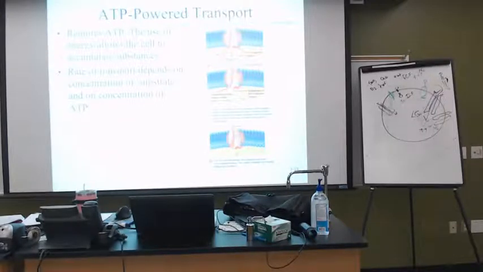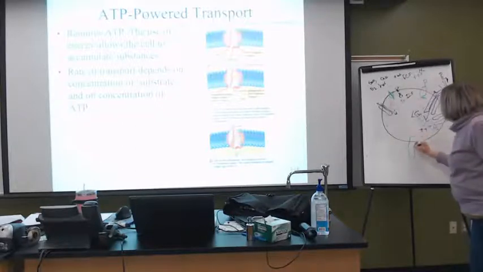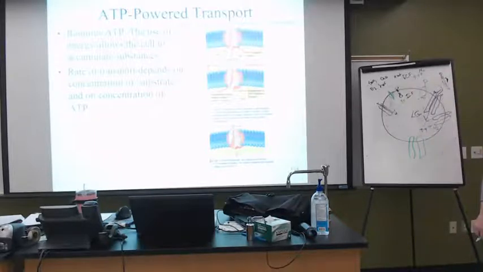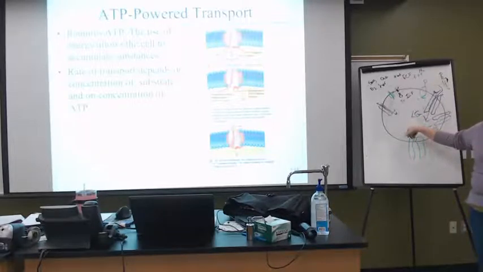So we have embedded in the plasma membrane a protein. We call it the sodium-potassium pump. The sodium-potassium pump, that particular protein, remember, inside the cell, mitochondria are producing ATP.